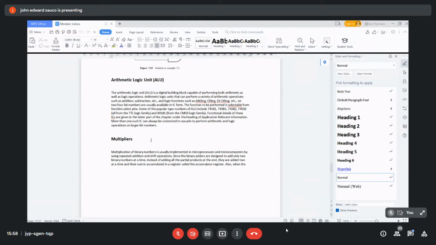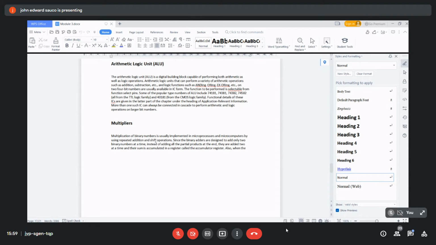Kailangan yung family same para yung characteristic is okay, compatibility. So, para yung gumawa na ng system na gamit is DTL, meron kayong choice yung gamitin. Yun lang naman sana.